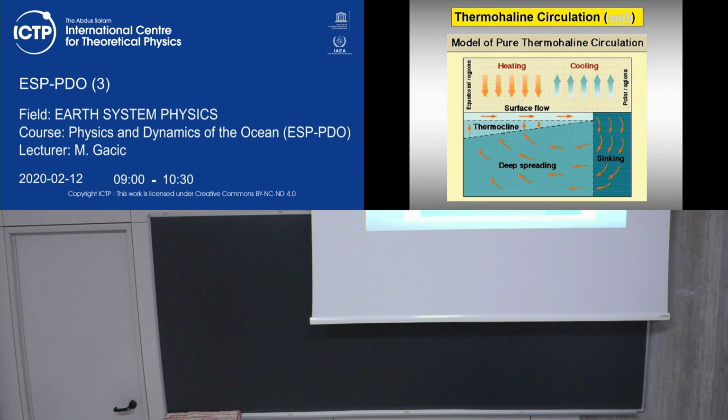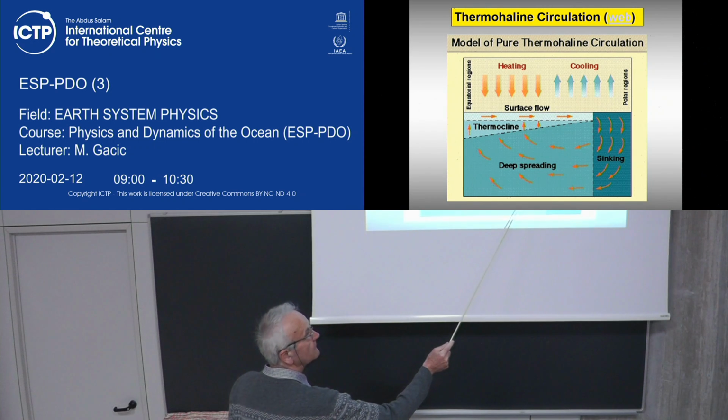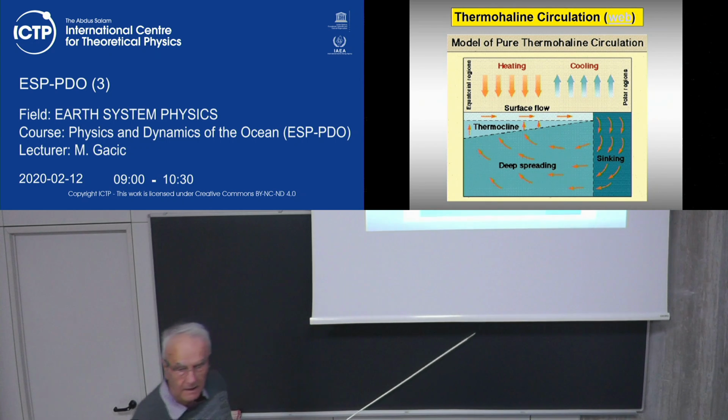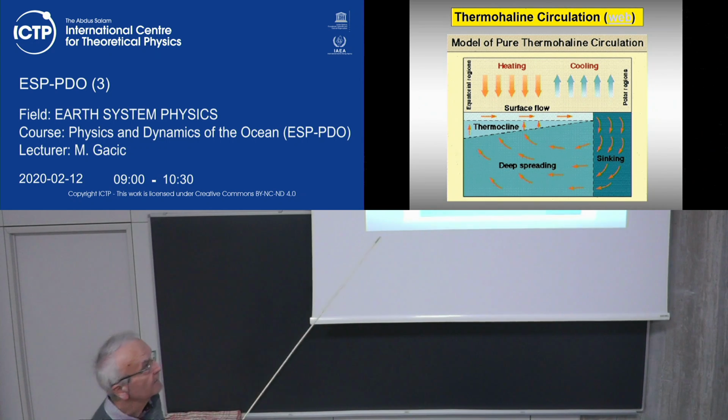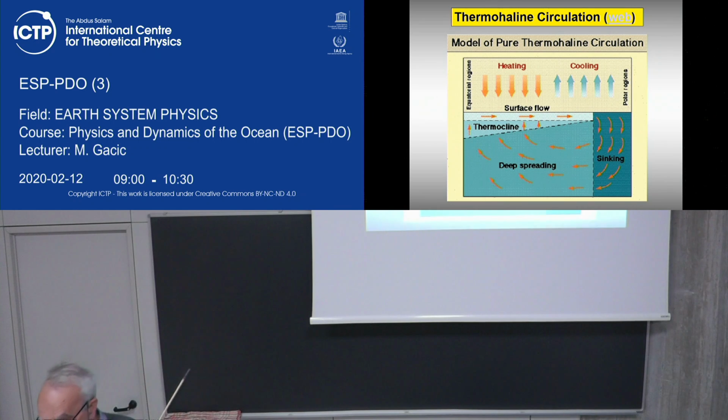This cannot stay for a long time, because the water column cannot be unstable. Therefore, due to the increase of density in the surface layer, there is a sinking in the polar area due to the cooling in the surface layer.